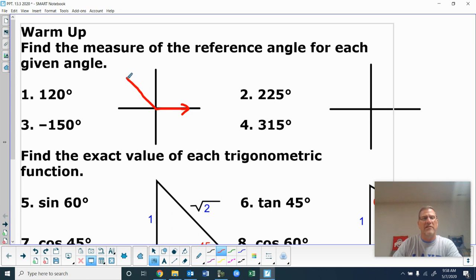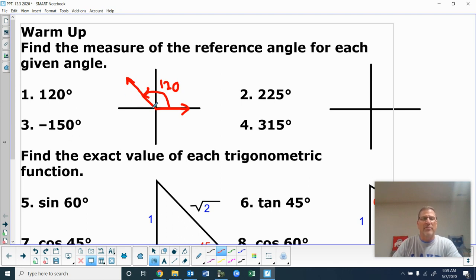Then what we did is we drew a little arc and we labeled it 120. That's how we would draw it. But we want the reference angle. Remember, the reference angle is this angle here, always between the terminal side and the x-axis. So what we're looking for in this problem is this reference angle, our point of reference.